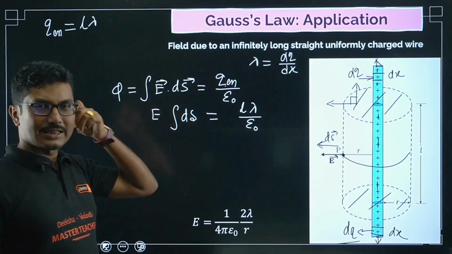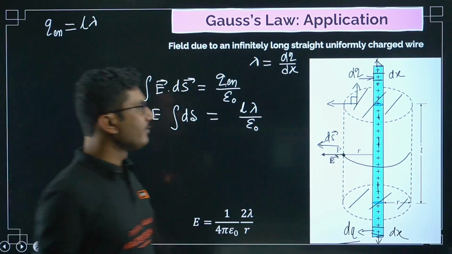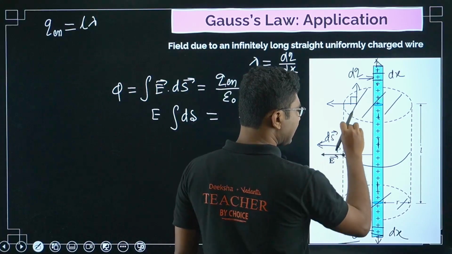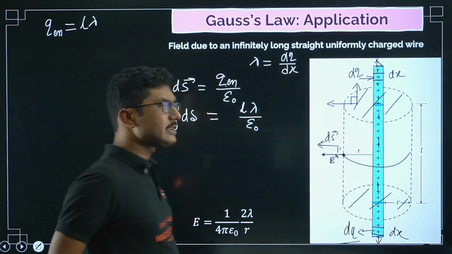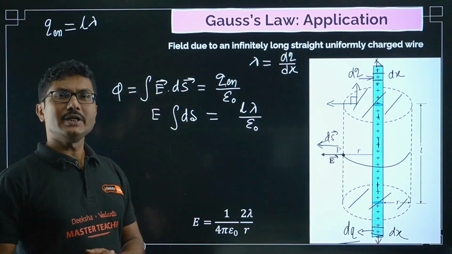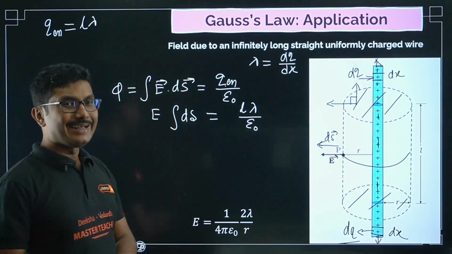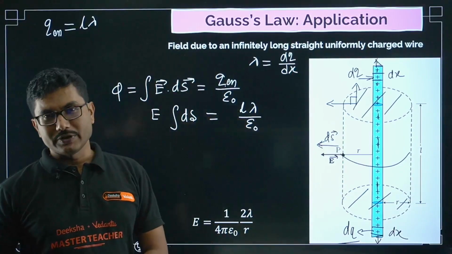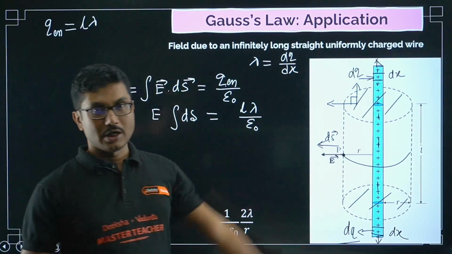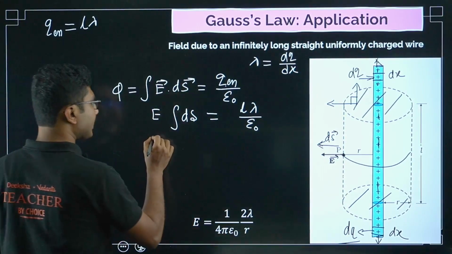So integration ds means if you take small ds areas and add all such areas, you will get integration ds. Here integration ds represents the surface area of the curved surface of the cylinder. What is the surface area of the curved surface?